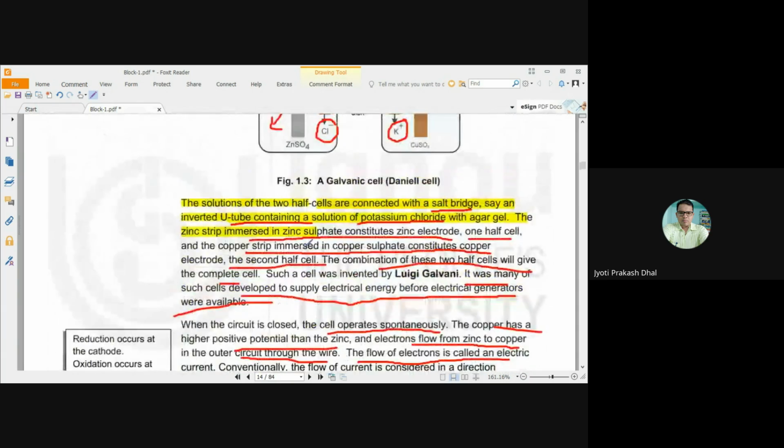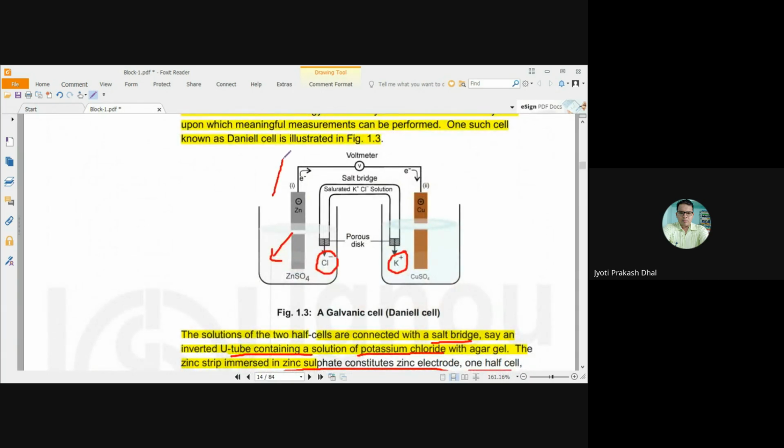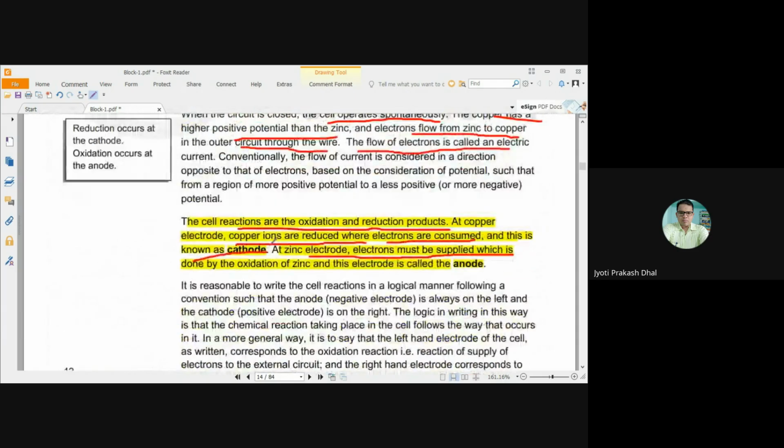And so here you can see the electrons will flow from left to right in this direction, and hence electric current will move from right to left. So conventionally the flow of current is considered to be in a direction opposite to the direction of flow of electrons. Based on the consideration of potential, the current flows from the region of more positive potential to the less positive potential.